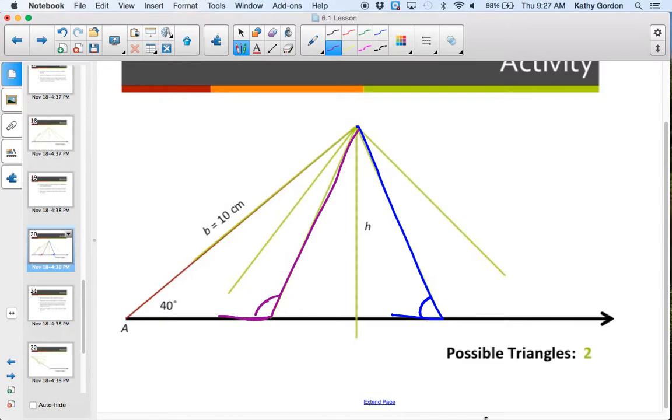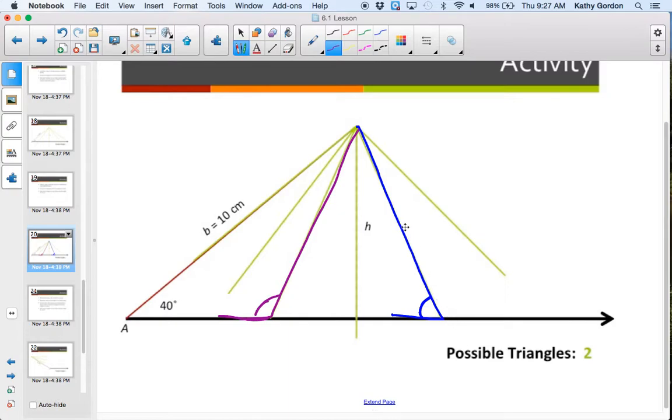So when we work out the proportion and we push the buttons, the calculator is going to spit out what this acute angle should be. In order to figure out this angle, we're going to take 180 minus that acute angle. Because if you think about it, both the blue and the purple represent the same distance, right?